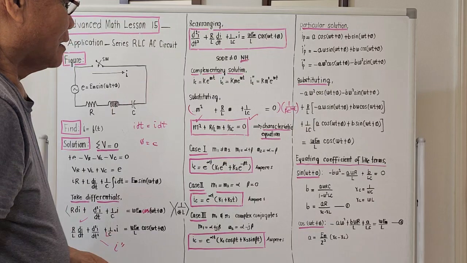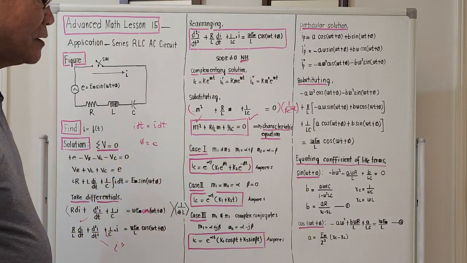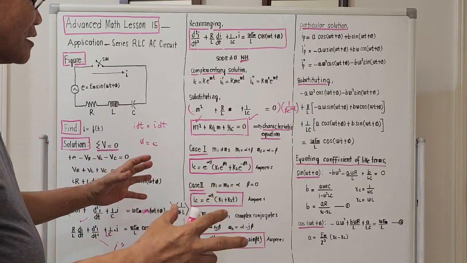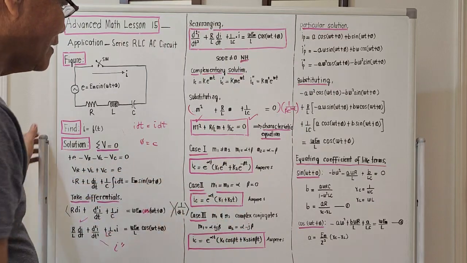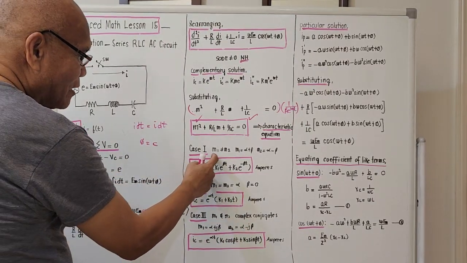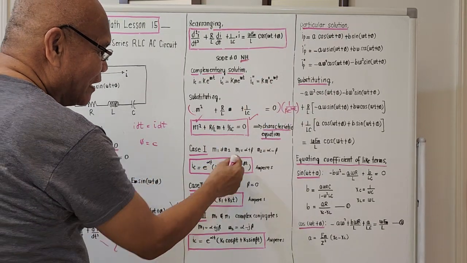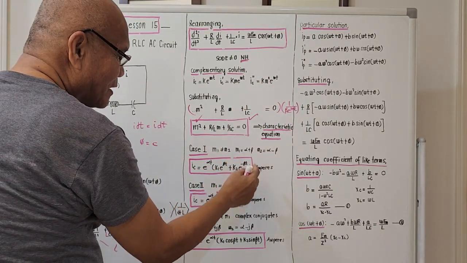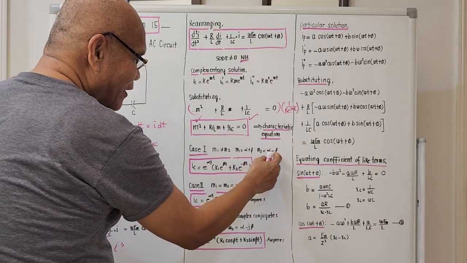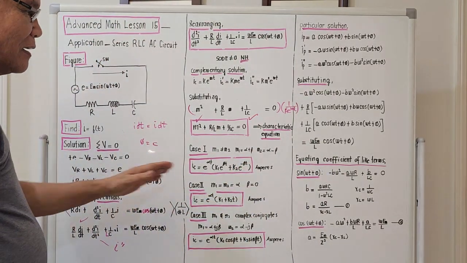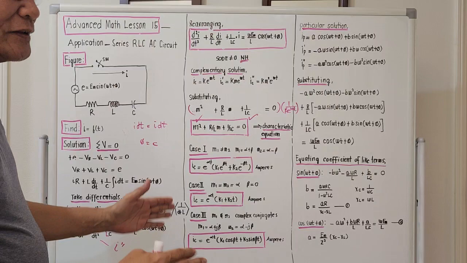For the solution of the quadratic equation, we will just discuss the possible three cases. If m1 is not equal to m2, by using the quadratic equation, m1 will be alpha plus beta, m2 will be alpha minus beta. They are both real, and they are not equal.